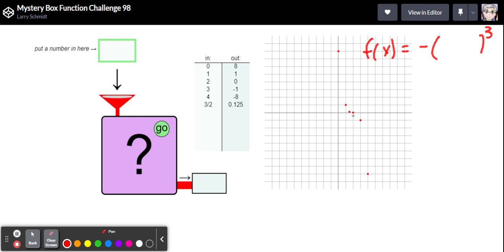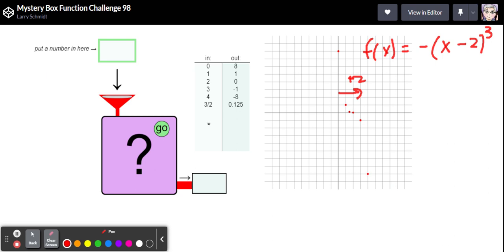It is on the x-axis, the center, so I don't think there's anything we have to add or subtract at the very end. But inside the parentheses, we've got our x, and then we've moved it over 2 spaces in a positive direction. And what that means is you subtract 2 from the inside. So this -2 moves it over 2 to the right, and this negative sign flips it upside down. I'm pretty sure that's what we've got.